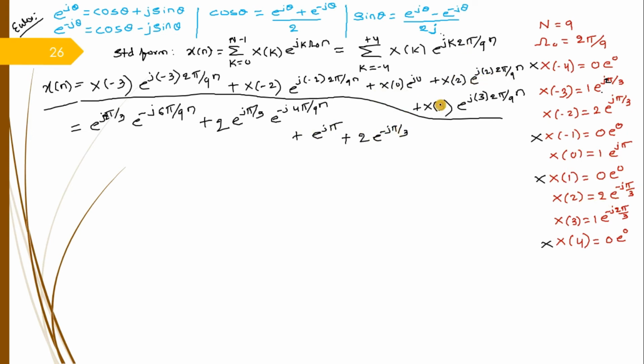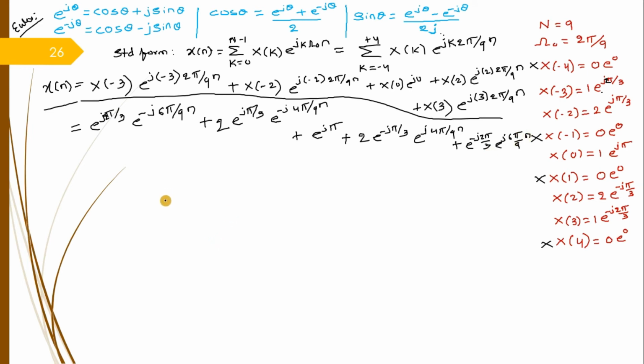So whatever is there, I'll write e raised to j 4 pi by 9 n. Plus x of 3 is here, e raised to minus j 2 pi by 3, then this one e raised to j 6 pi by 9 n. So I could write all the terms.